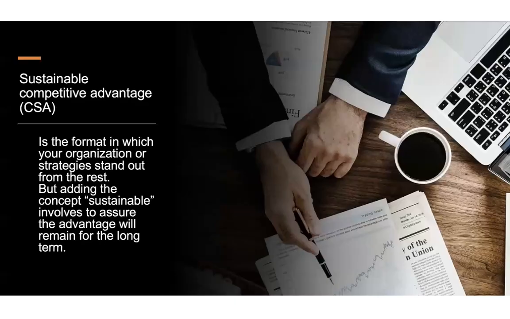But more importantly, now we have to add the sustainable factor to the competitive advantage concept. What's the main idea of the sustainable competitive advantage? It's how I'm going to make that advantage remain for longer periods, not just in the present, but also in the future.